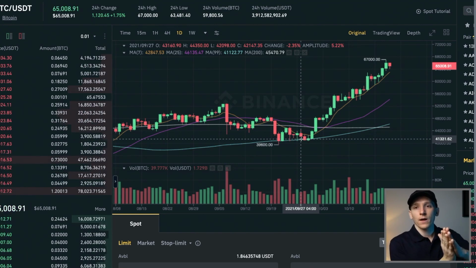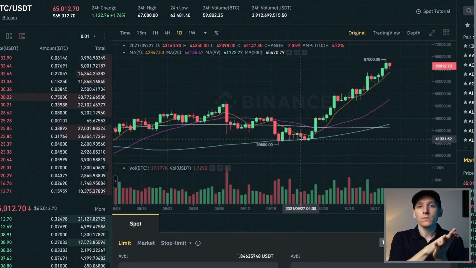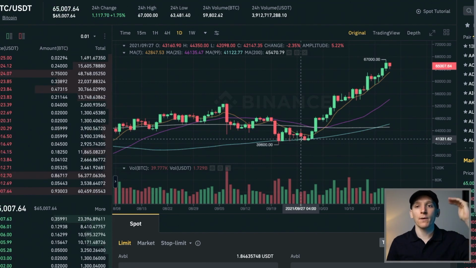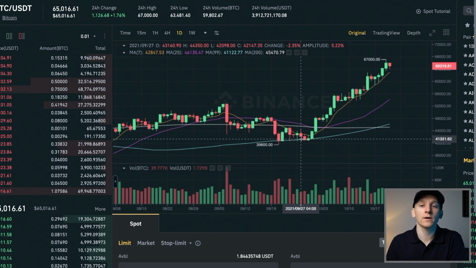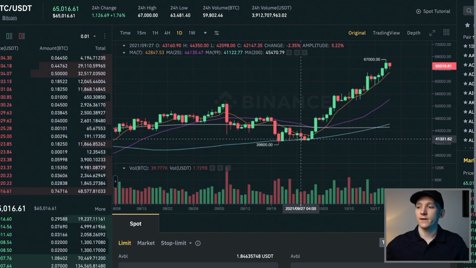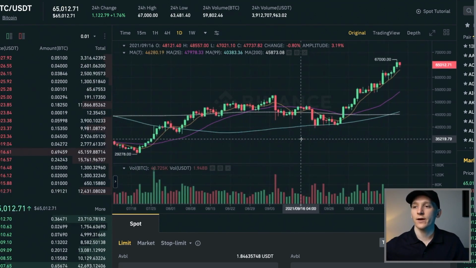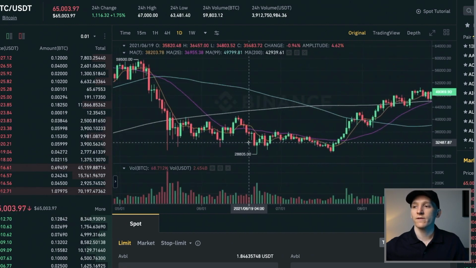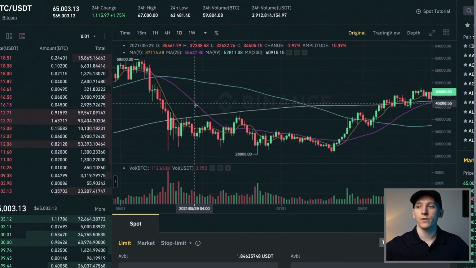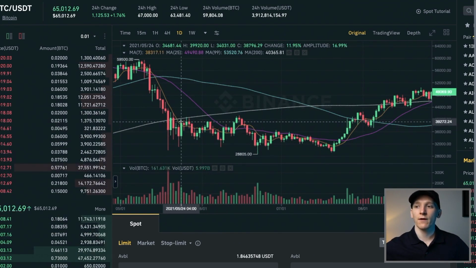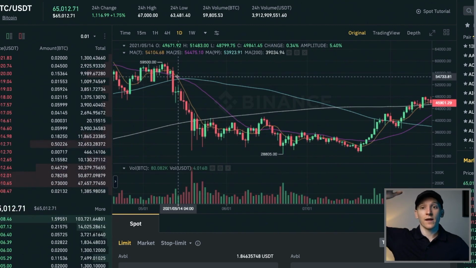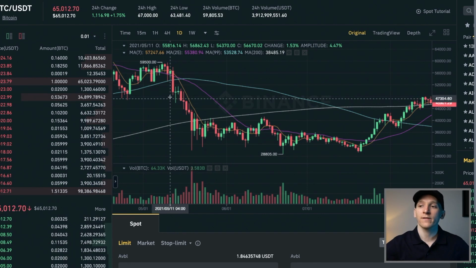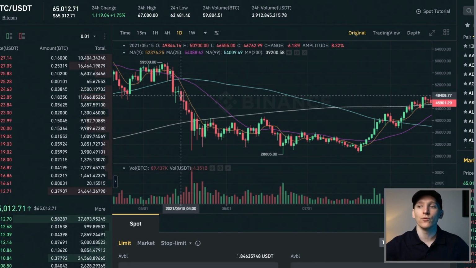When you have an uptrend, you're always looking for the price to be above the moving average and bouncing off the moving average. That's an uptrend. And if it was in a downtrend, so let's see if we can find a downtrend here, we would see the price moving below these moving averages. In this downtrend, the 7-day moving average is like a cap to the price. The price actually doesn't get through the moving average.